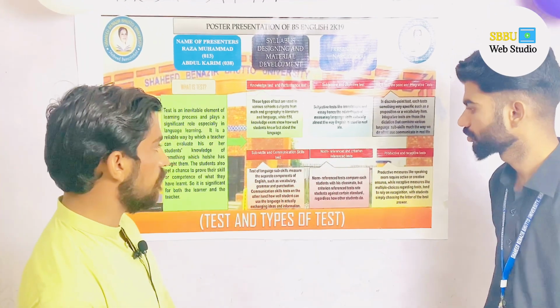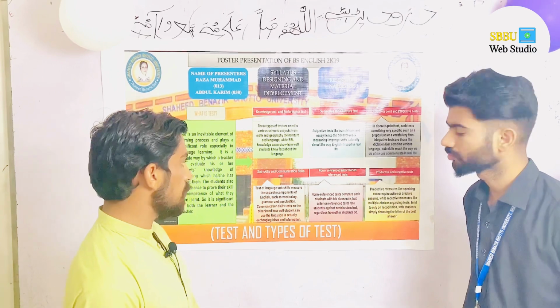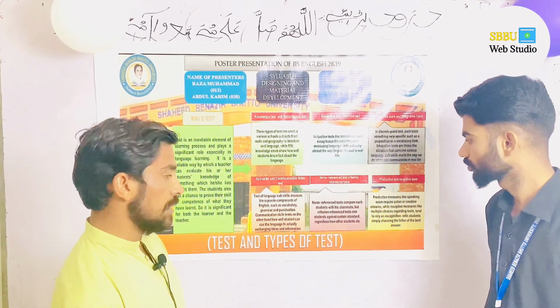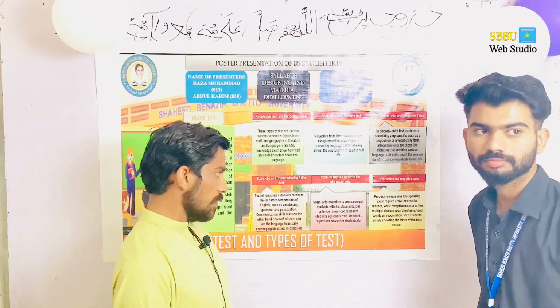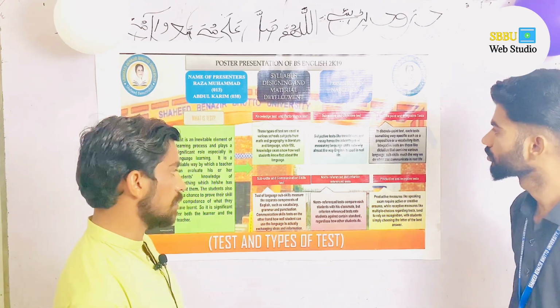Another one is norm-referenced and criterion-referenced test. A norm-referenced test compares each student with his classmates. In a norm-referenced test, the teacher compares his students with other classmates and other students.